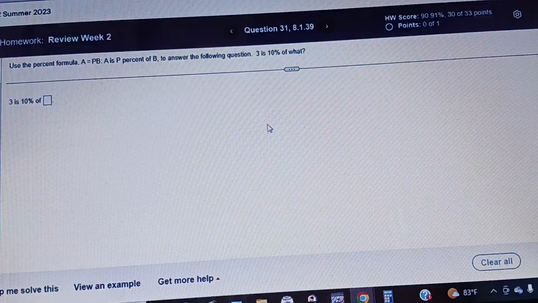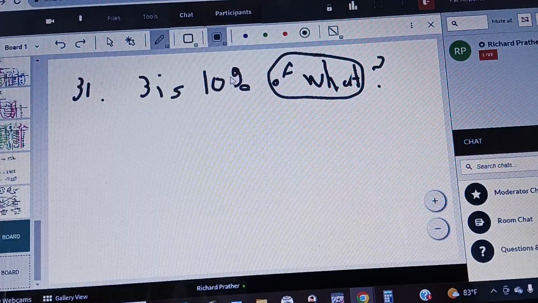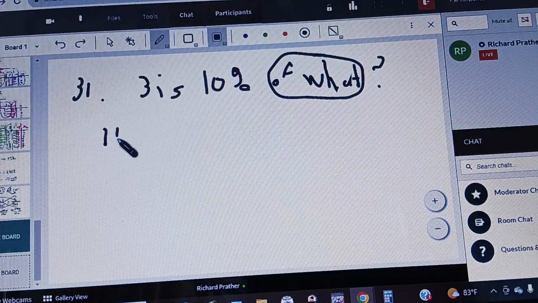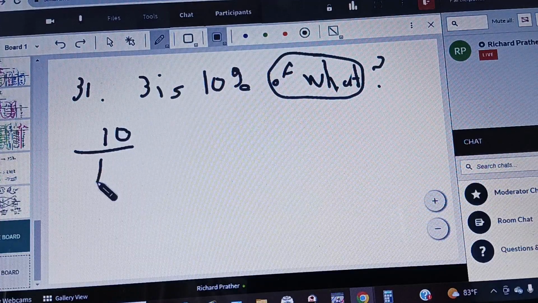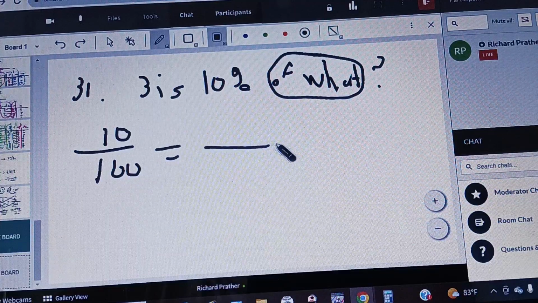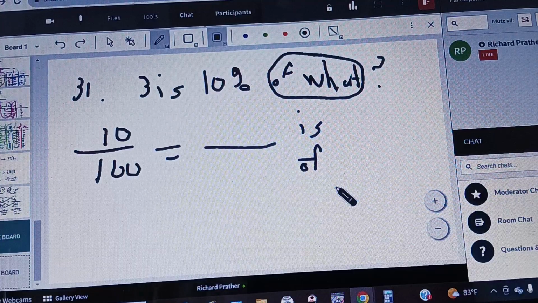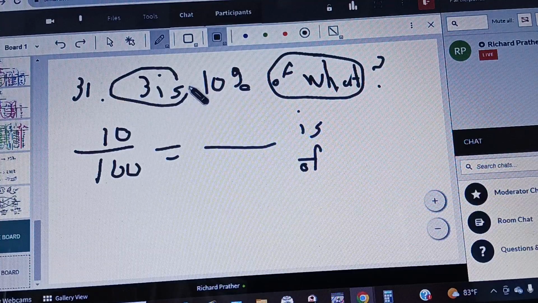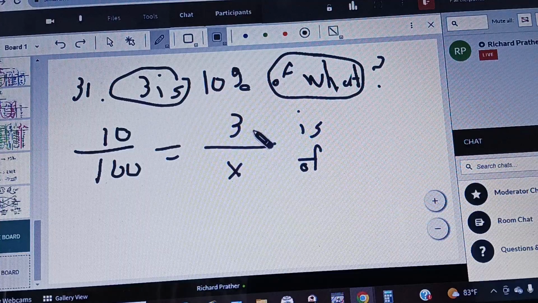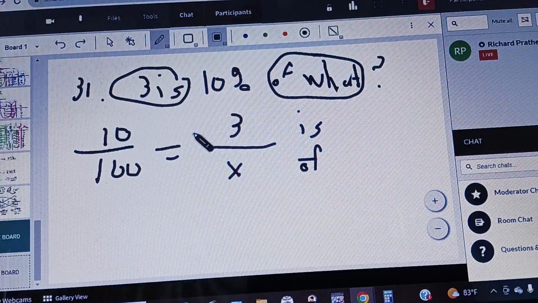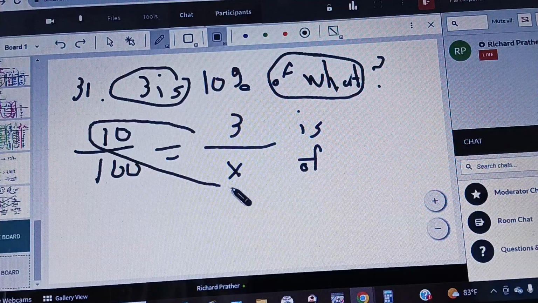Last time it was the is. So always start with the percent first. 10% is literally 10 out of 100. And then just make sure you have the is on top and the of on the bottom. It doesn't matter where the x ends up landing. 3 is, that needs to go on the top. Of what? That's where the x is. Last time the x was in the top, now it's in the bottom. So I do the diagonal with x first every time.